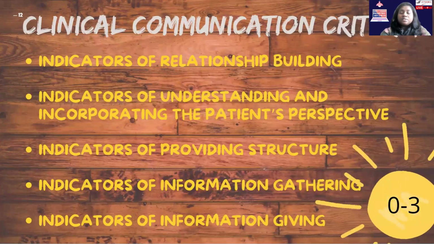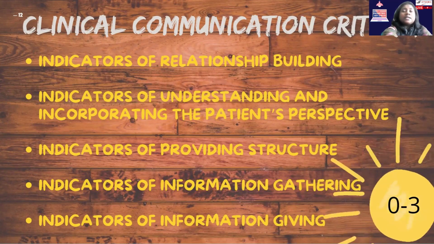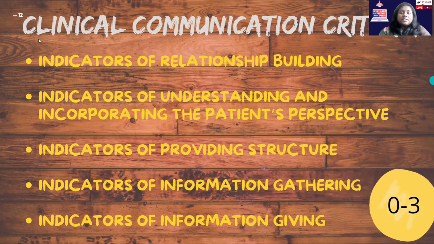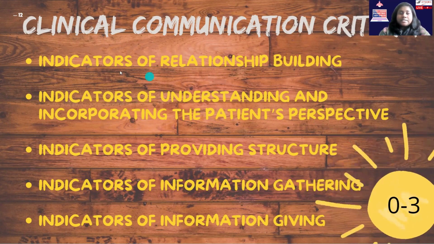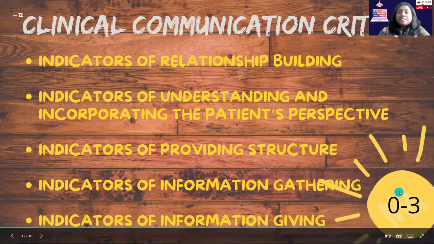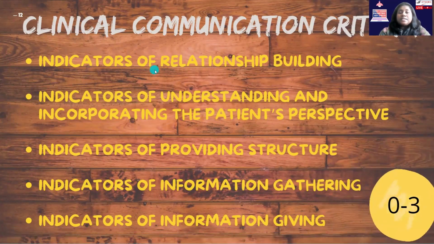Then we move to the next criteria, that is the clinical communication criteria. You can see that under clinical communication criteria there are 5 criteria, and it is given a score from 0 to 3. The first criterion is indicators of relationship building.